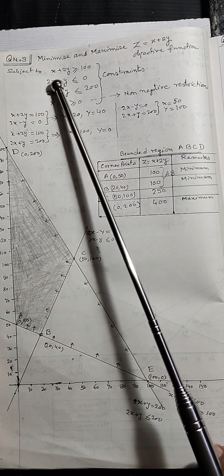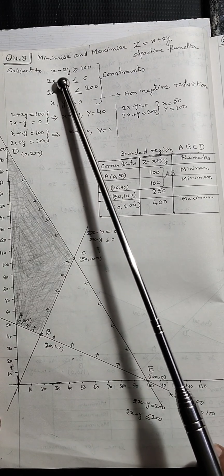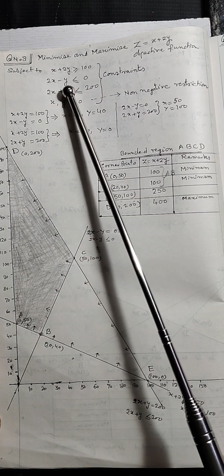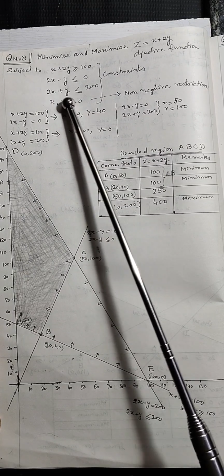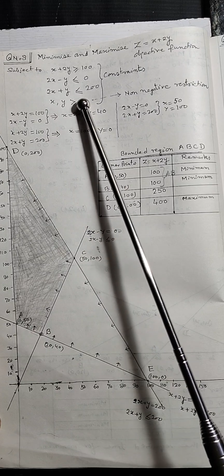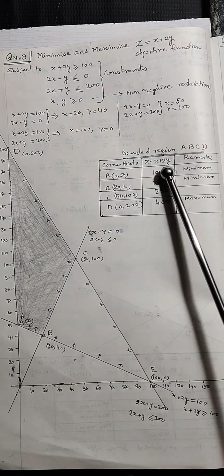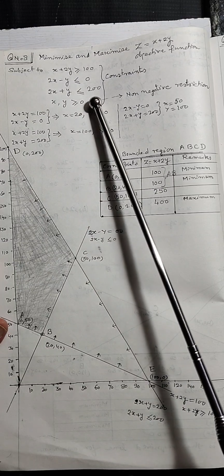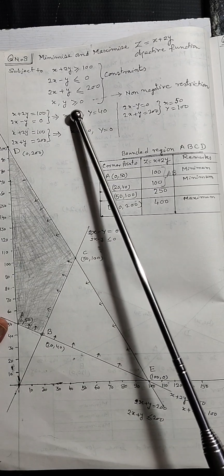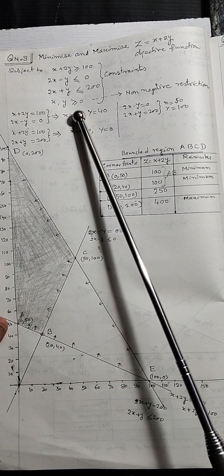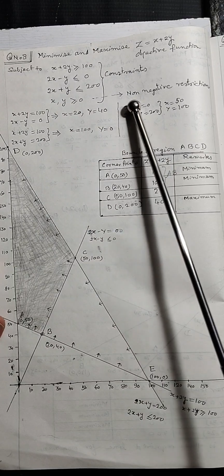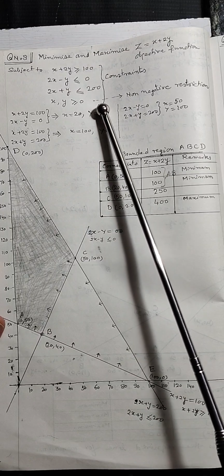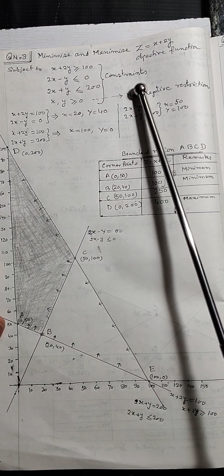And subject to means the constraints: x plus 2y is greater than or equal to 100, 2x minus y is less than or equal to 0, 2x plus y is less than or equal to 200. x and y are greater than or equal to 0. This is known as the non-negative restriction. All these subject to conditions are known as constraints.